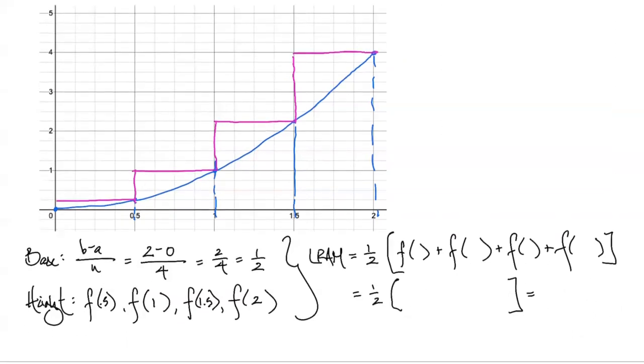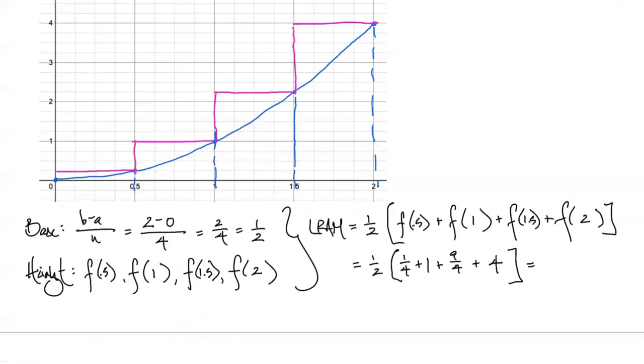So we've got 0.5, 1, 1.5, and 2. So let's see, what does that give us? 1/4 plus 1 plus 9/4 plus 2 squared is 4. Okay. So let's see, we've got 10/4 plus 5/4 or 5.